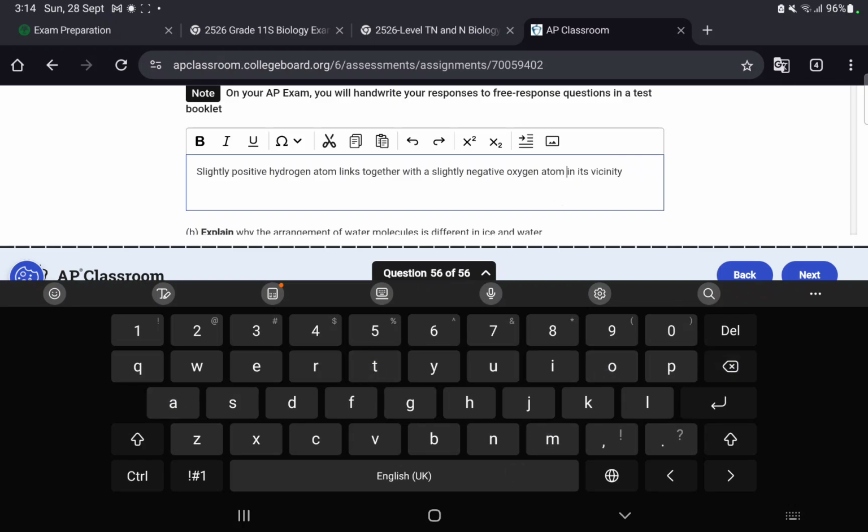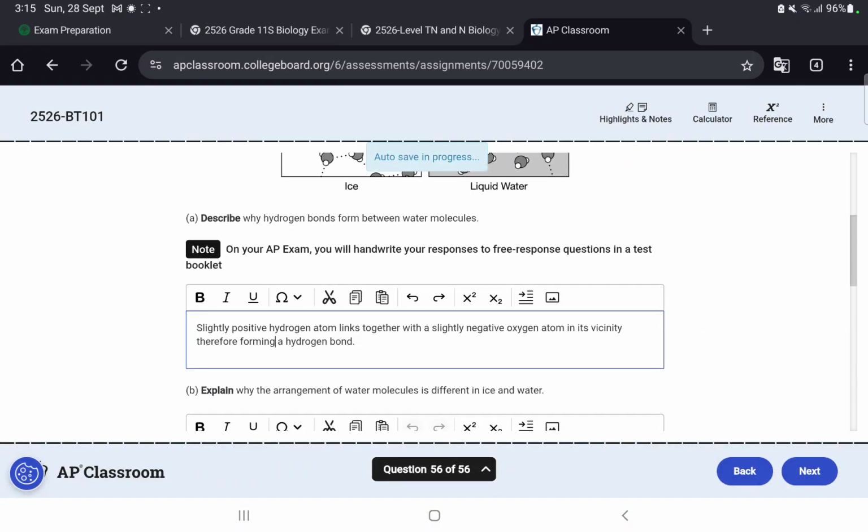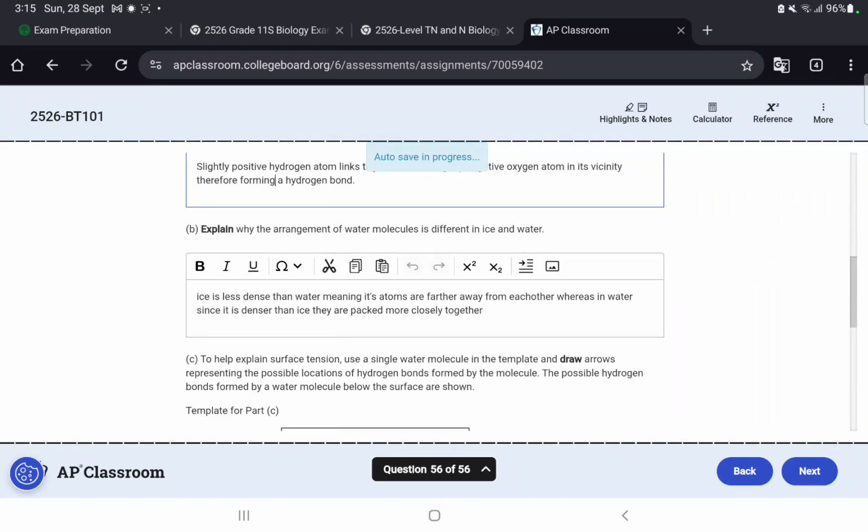Atom, I'm sorry guys. Forming is better. Okay, so that would be a good answer to this. They're only telling you to describe how it happens, so that's you describing how it happens.